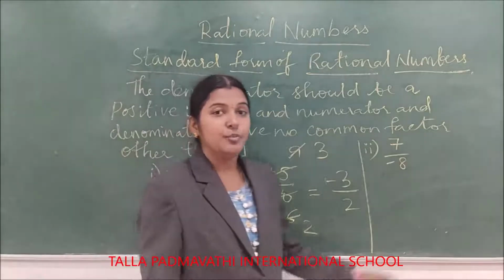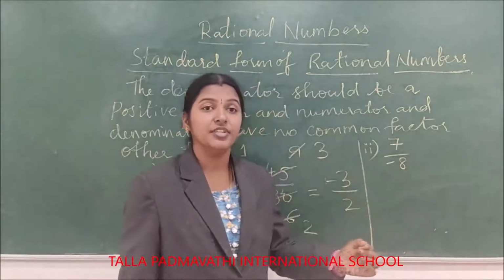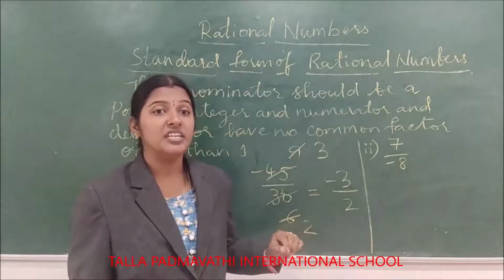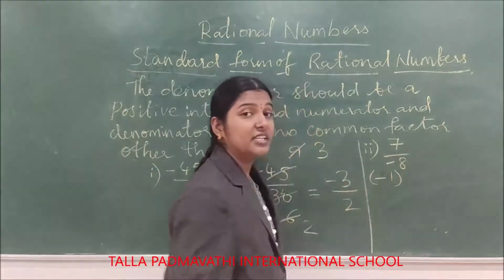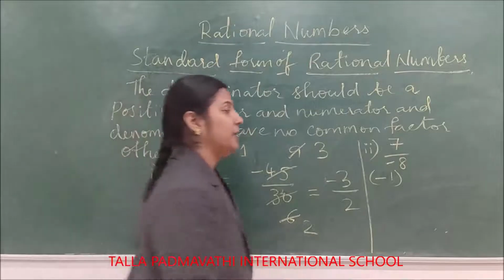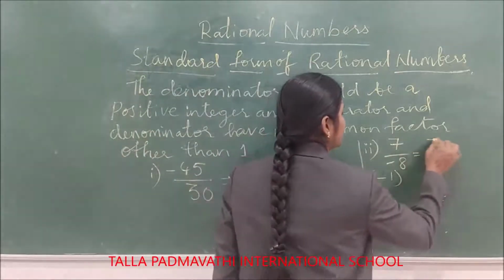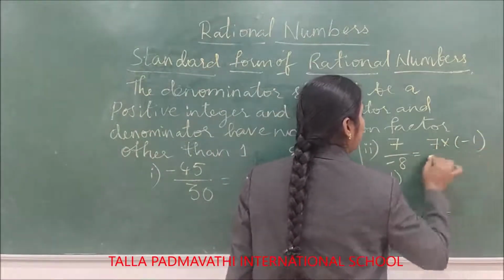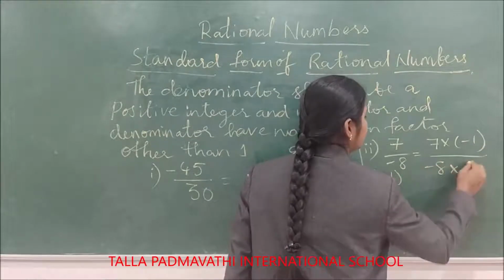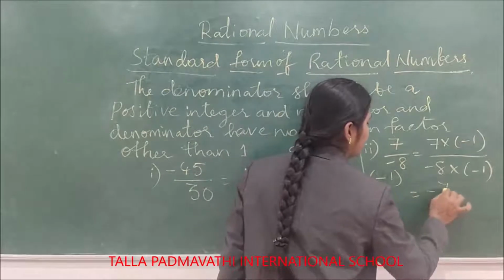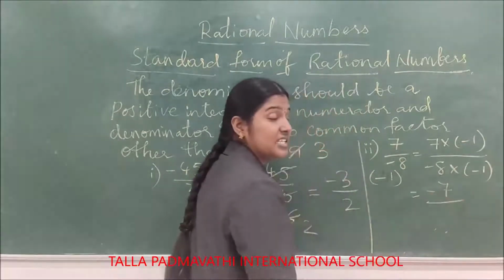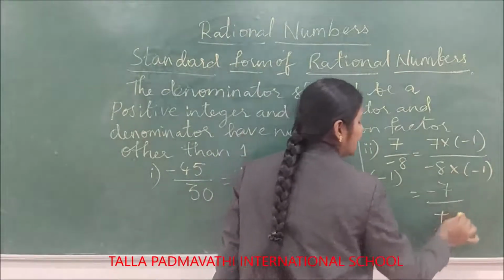So children, to make the denominator a positive integer, you need to multiply with minus 1 to the numerator and also to the denominator. Just see here, 7 into minus 1 by minus 8 into minus 1. So 7 into minus 1 is minus 7 by minus into minus is plus, 8 into 1 is 8.